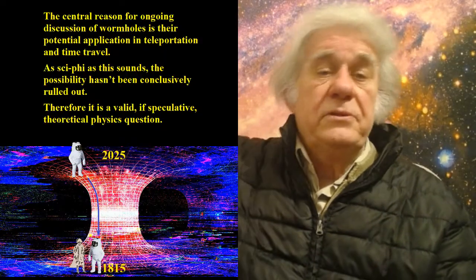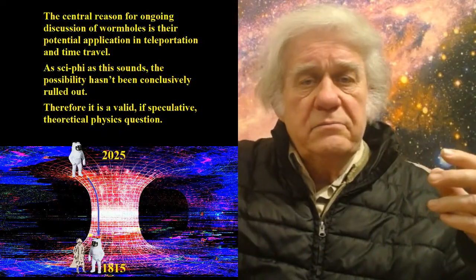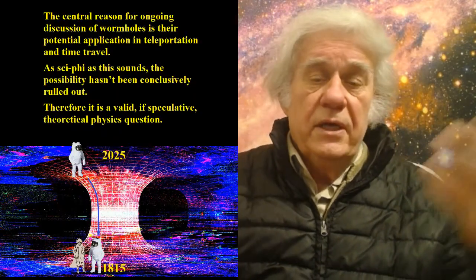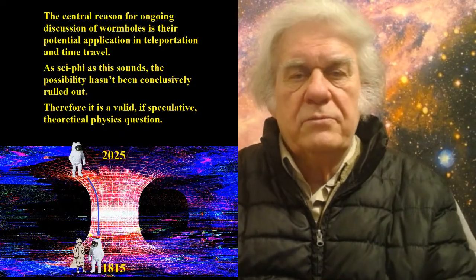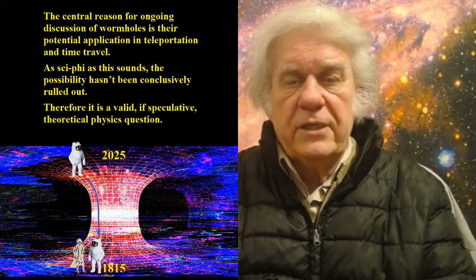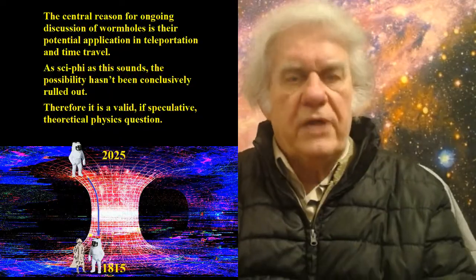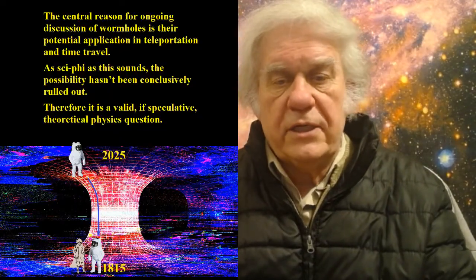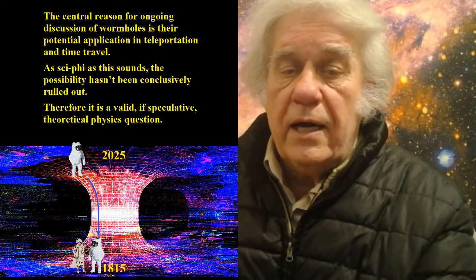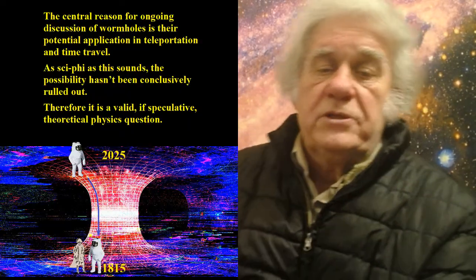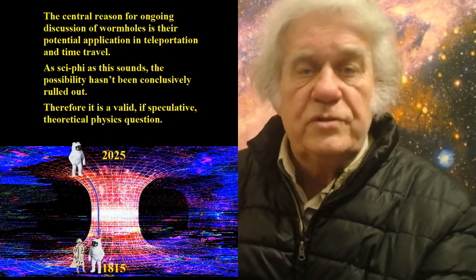The wormhole, originally created for explaining how one particle, one side of the universe, can connect to another one, because Einstein and Rosen were trying to debunk quantum mechanics. What they did, they took all that, the equation, and what they're using it for is time travel. And there you see, this fellow says the following. He says, the central reason for ongoing discussion of wormholes is their potential application in teleportation and time travel. That's what it's used for.